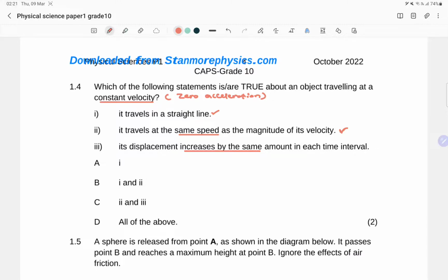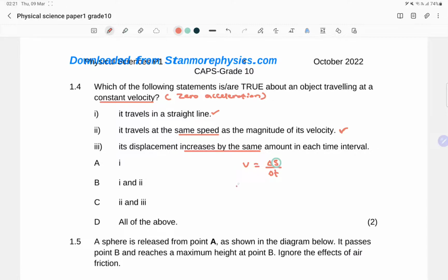Remember, speed, or say velocity for example, is defined by displacement, which we can just use S over T. I don't know what you use for displacement, don't kill me if you don't use S. We used S back in the days, so sometimes those things come back.